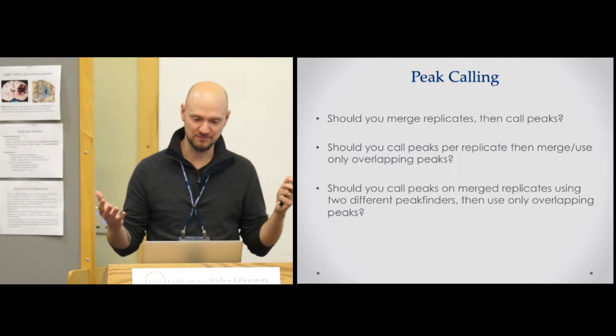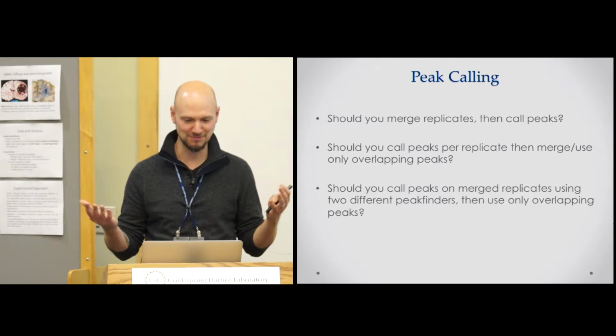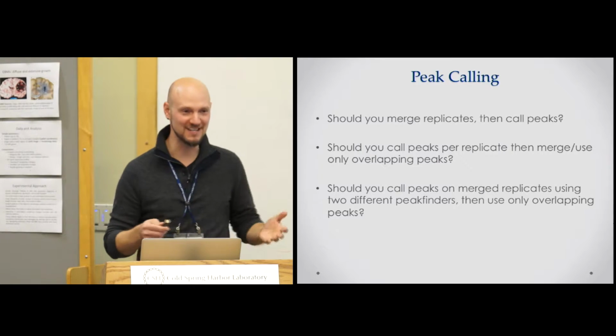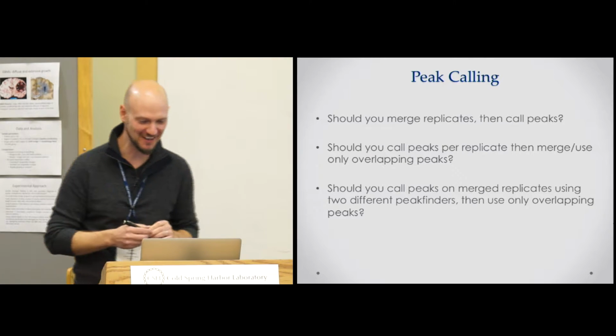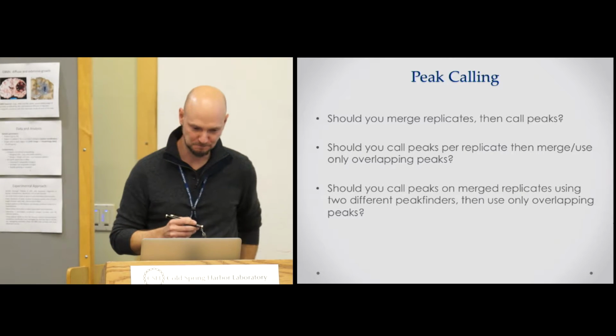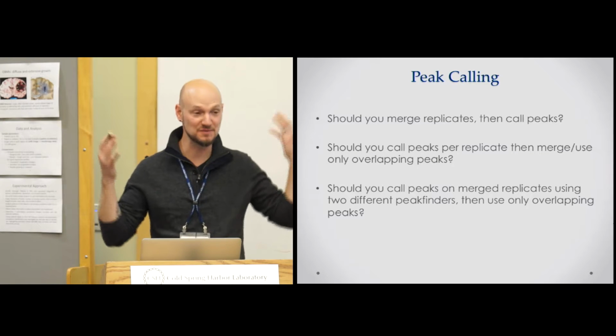Hopefully when you perform ChIP-seq, you generate replicates, because it's science, and then you need to call peaks, right? These are just some basic questions that sometimes you don't even think about.